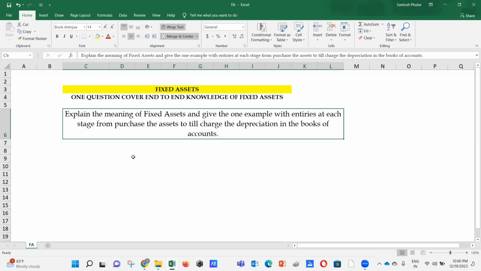And when you have the PUT certificate, the put to use certificate, you do the capitalization. The entry is going to be assets account debit to CWIP account, which is a combination of 3-4 line items. One is the asset plus installation or any other charges incurred to see that the asset is ready for capitalization. All that is added into the value of that asset, and credit to CWIP account.